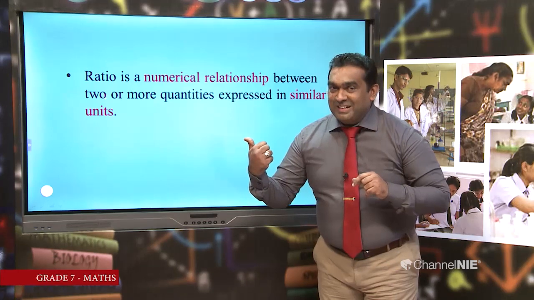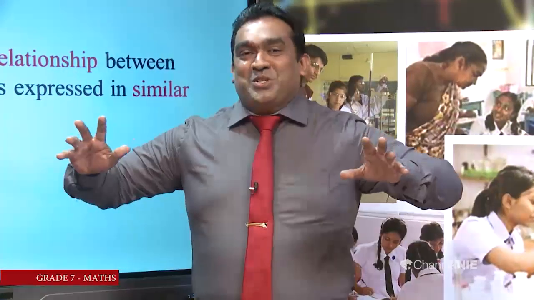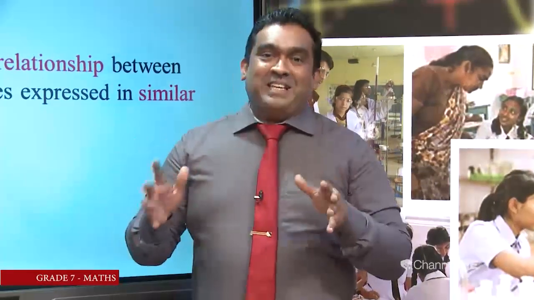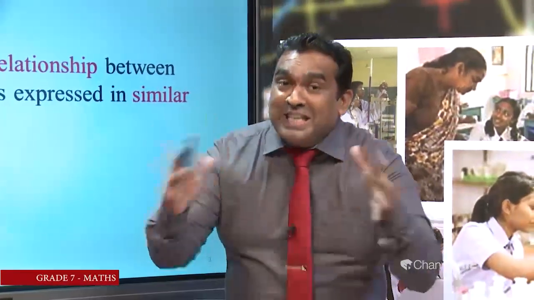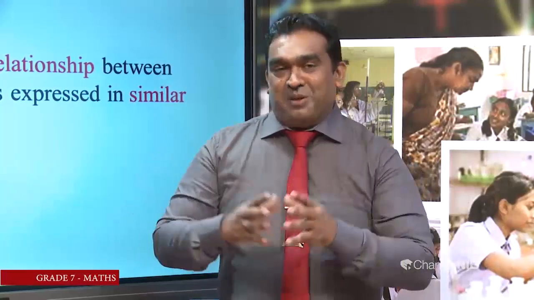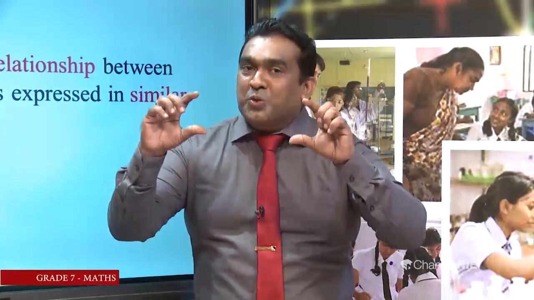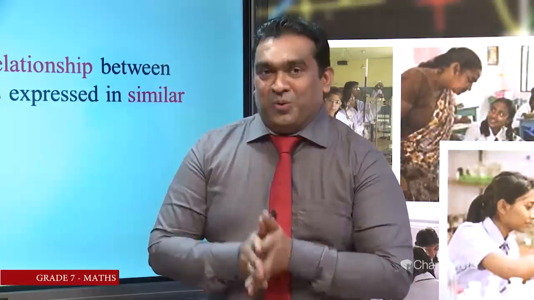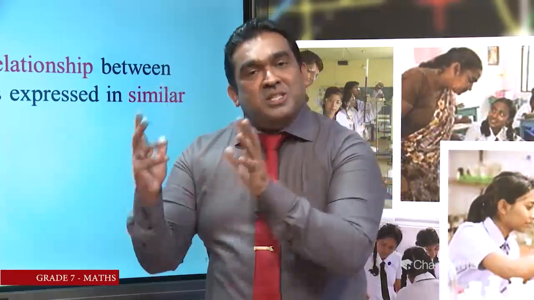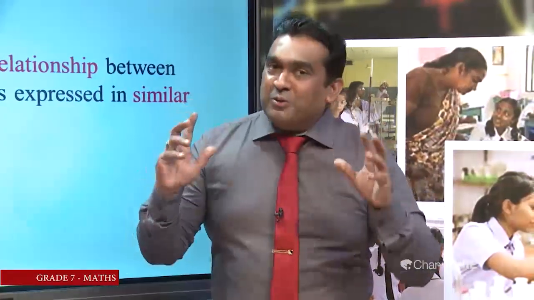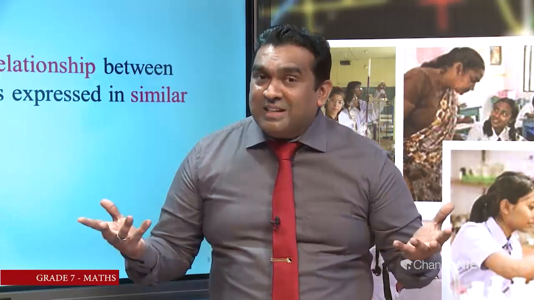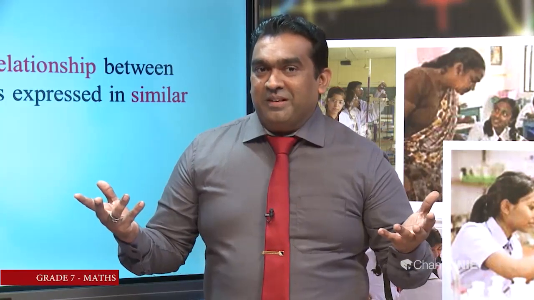Then 5 and 6, how to make that relationship? 5 is to 6 is the relationship. You can express those two numbers as a ratio. How to pronounce it? 5 is to 6, or 5 to 6. That is the ratio.